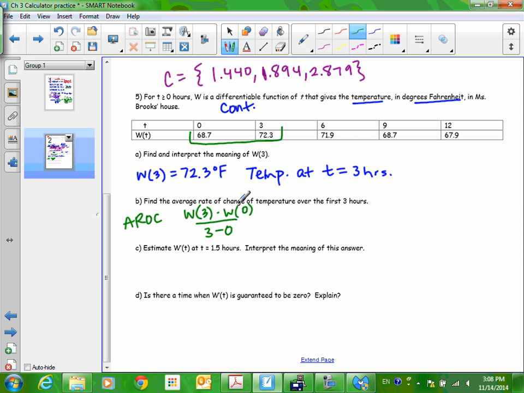We call this the difference quotient. This is just like the slope formula, the slope of the secant line: change in temperature over change in time. So that's going to be 72.3 minus 68.7 over 3. Go ahead and use your calculator to crunch those numbers, write your units, and think about the meaning of this. What does this mean in this problem?